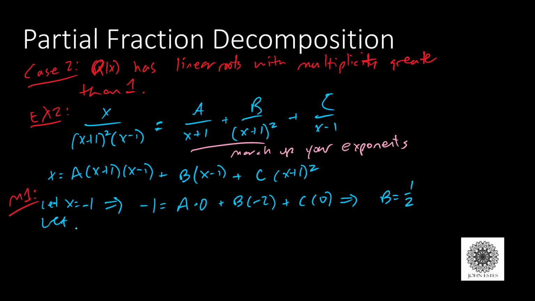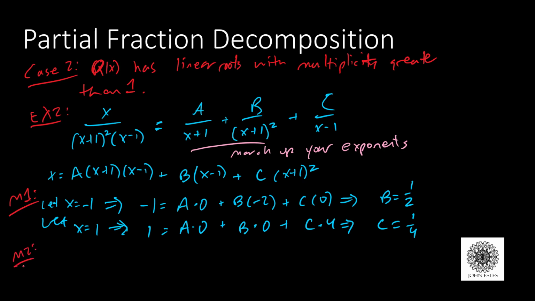Now if I let x equal positive 1 as my other root, I end up with 1 equals a times 0 plus b times 0 plus c times 4. So then I'll end up with c being 1/4. Now how do I figure out what a should be? Well, I just need to consider method 2.